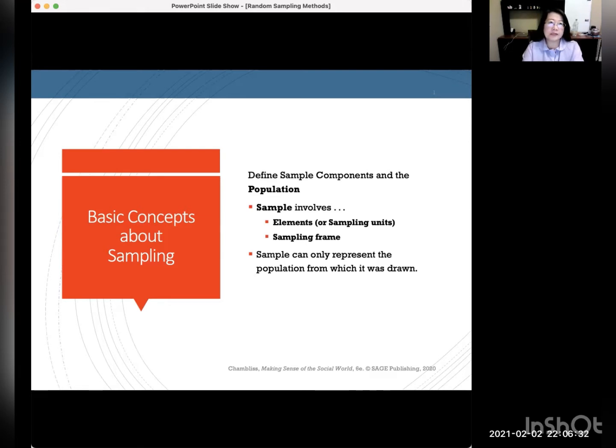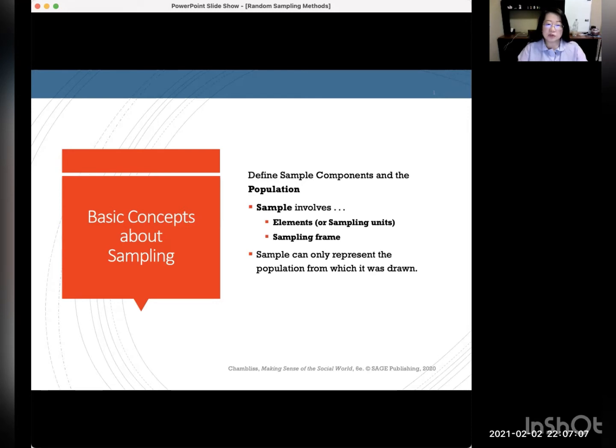So it can be a whole country's population, or a city, or a university, or a high school, or any specific set of individuals.